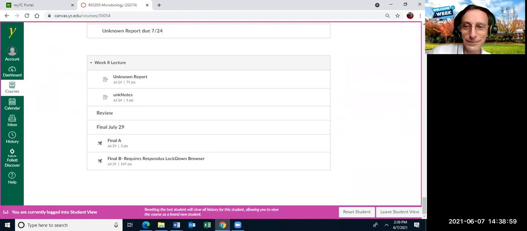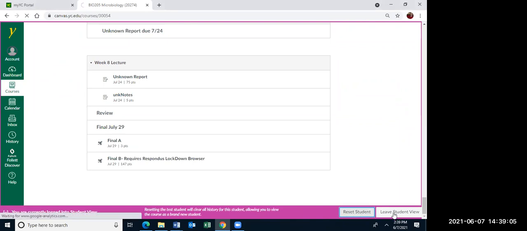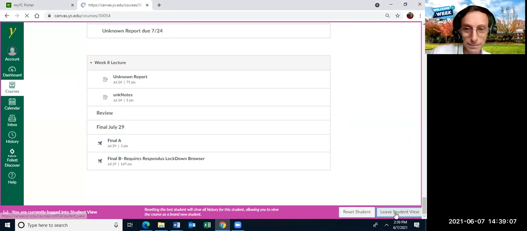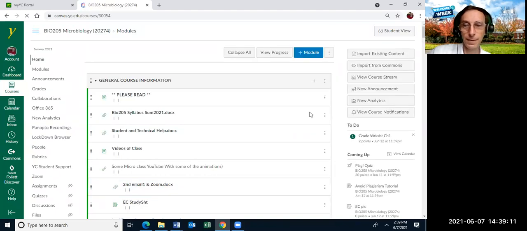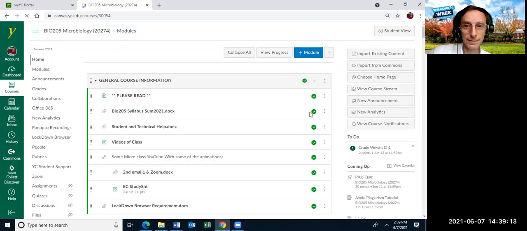Now I'm locked into student view. There's a way to end it, but I'm sure not finding it. Oh, here it is. It says down on the bottom. Yeah, right there. Leave student view, sorry. There we go. All right, now let me bring this down. I might mute myself by touching that. Can you hear me? Yes.